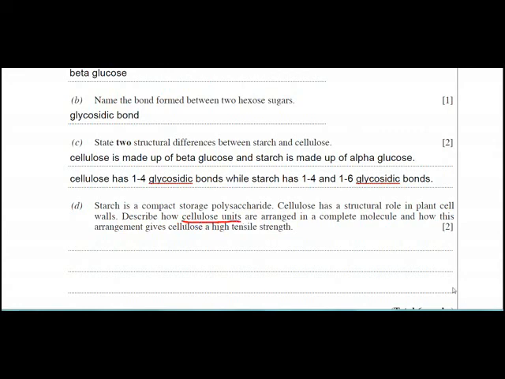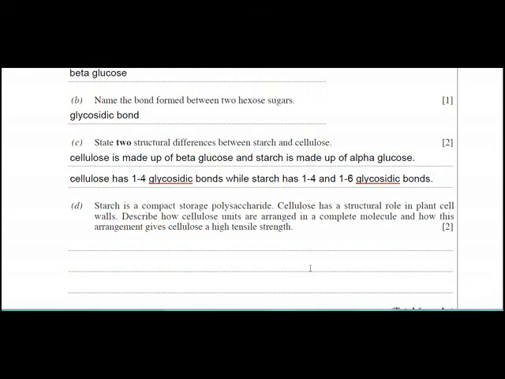The cellulose unit, of course, is the beta-glucose monomer. So you're asked to describe how cellulose units are arranged in a complete molecule and how this arrangement gives cellulose a high tensile strength.